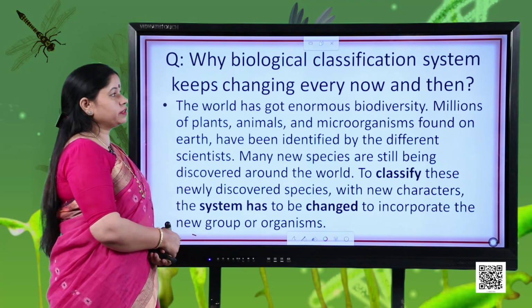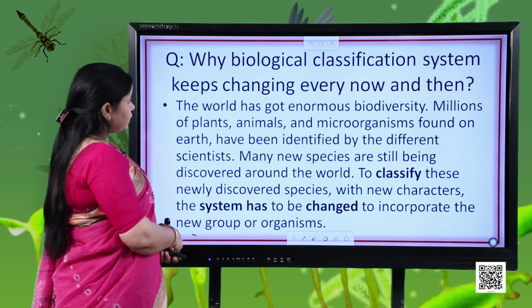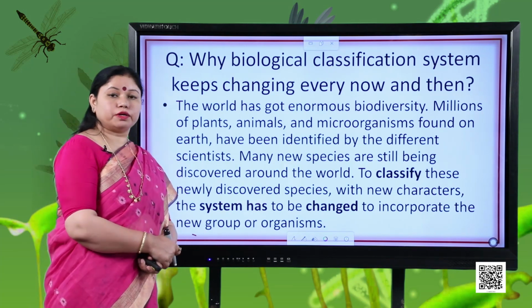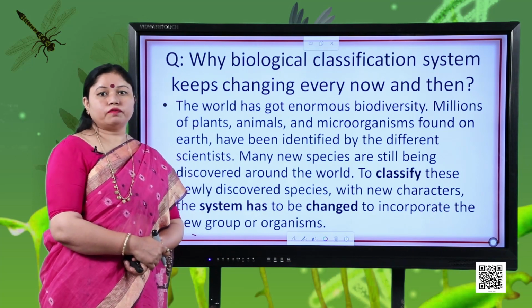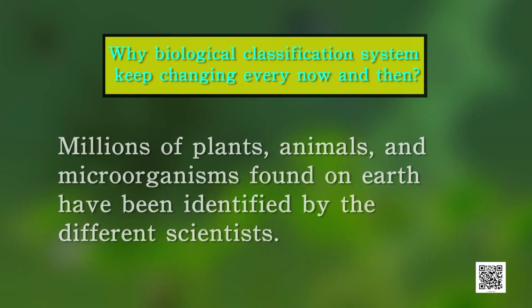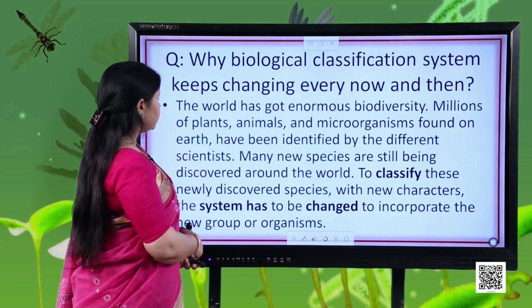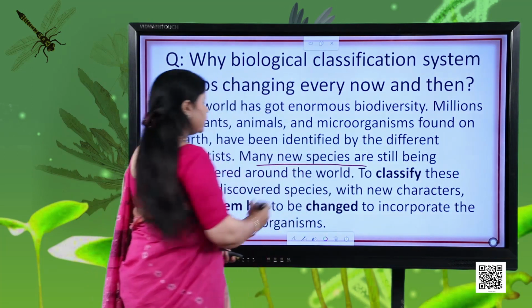Let us come back to the discussion. Why does the biological classification system need change? In the previous class, we studied about biodiversity, how our world is full of a variety of living organisms, out of which millions of plants, animals and microorganisms found on earth have been identified, and have been given proper biological names, but still there are new species that are being discovered.